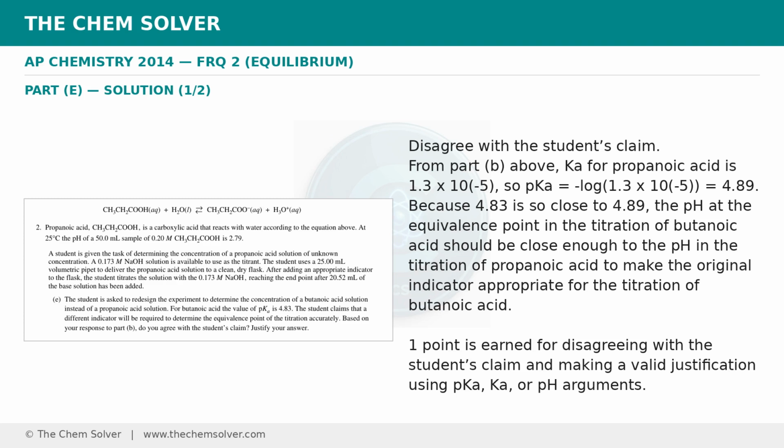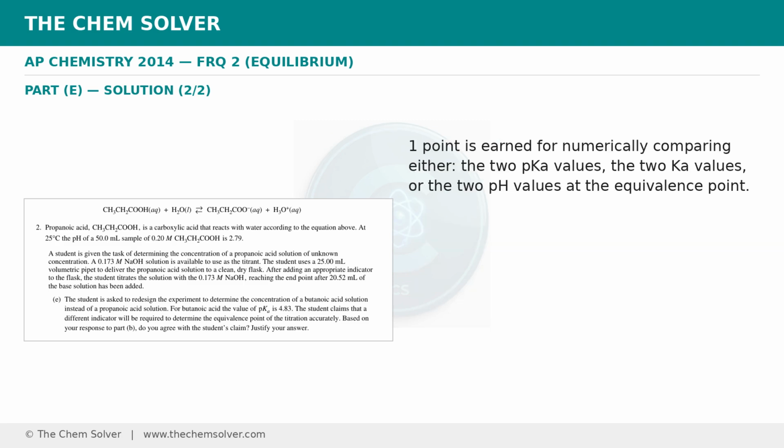Because 4.83 is so close to 4.89, the pH at the equivalence point in the titration of butanoic acid should be close enough to the pH in the titration of propanoic acid to make the original indicator appropriate for the titration of butanoic acid. 1 point is earned for disagreeing with the student's claim and making a valid justification using pKa, Ka, or pH arguments. 1 point is earned for numerically comparing either the two pKa values, the two Ka values, or the two pH values at the equivalence point.